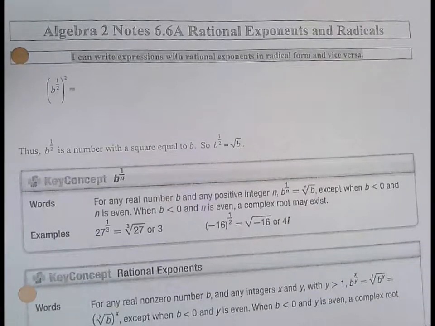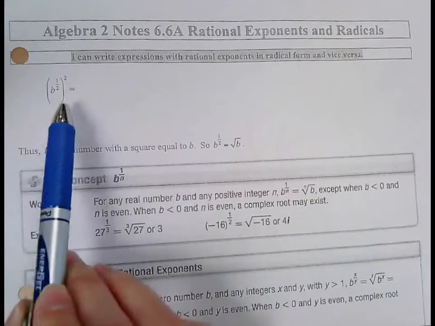It's an alternate way to represent a radical. So we're going to see how to write expressions with a rational exponent in radical form or vice versa today. And then we'll still be simplifying those expressions using properties of exponents tomorrow. But you really want to have the understanding today that when you see a fraction as an exponent, what it actually means as a radical.